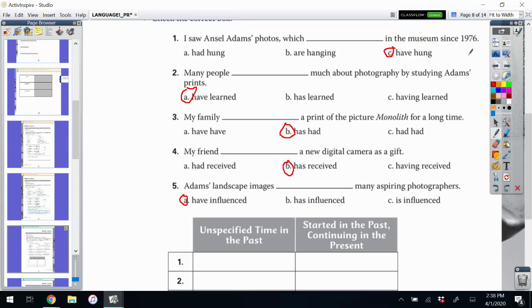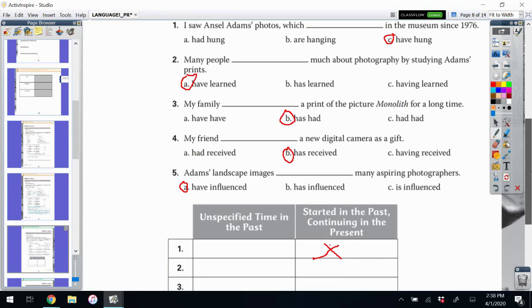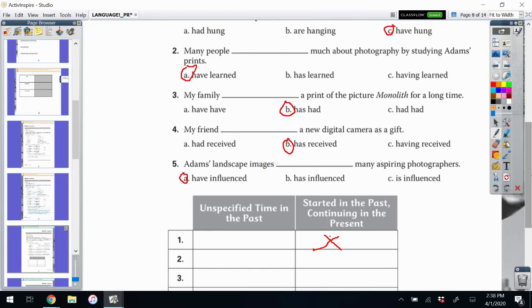Now it hasn't ended yet, so we are going to say it's continuing into the present. Number 2, many people have learned much about photography. Well, yep, that is true. We don't know if it's still happening from that sentence, but we do know it happened at an unspecified time in the past.